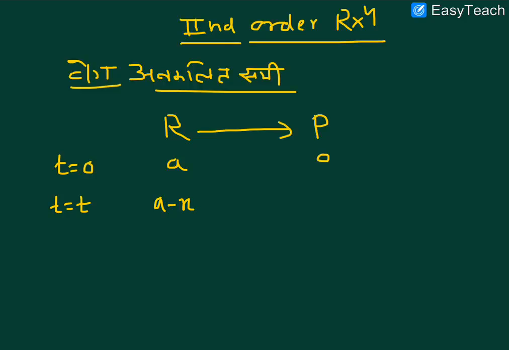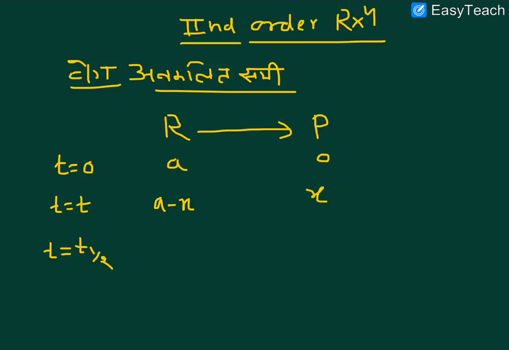So we can say the remaining concentration of reactant will be a minus x, and the concentration of product will be x. And if t is equal to t half, meaning the time which is required for consuming half the concentration of reactant into products, then that will be called the half life of this reaction.